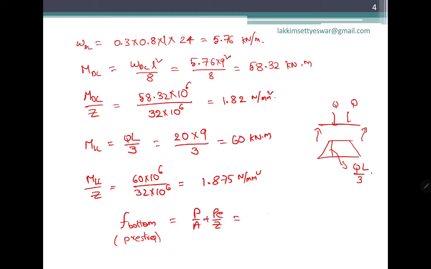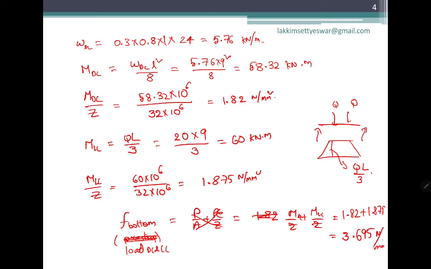Now for the loads, dead load and live load, M_DL/Z plus M_LL/Z is equal to 1.82 plus 1.875. That value comes around 3.695 newton per mm squared.